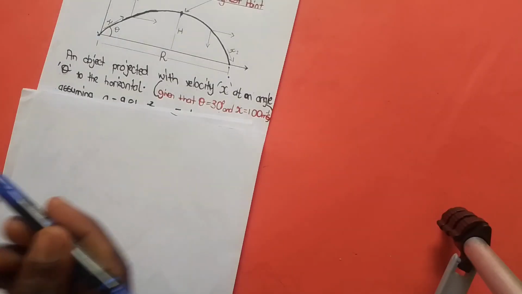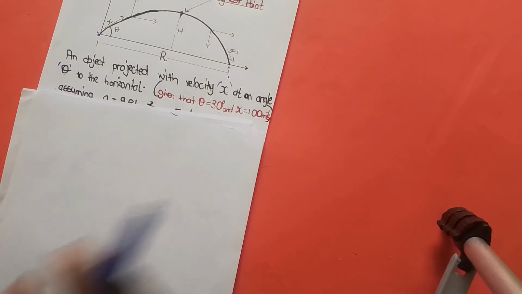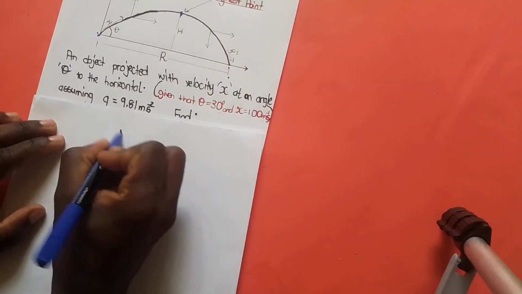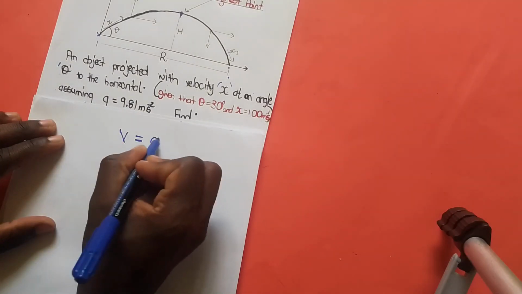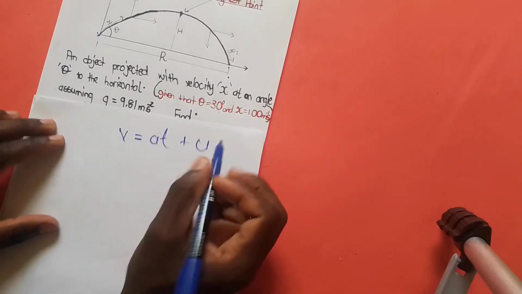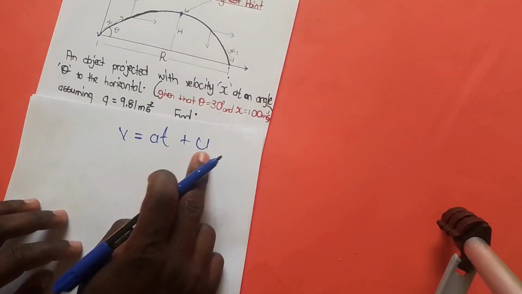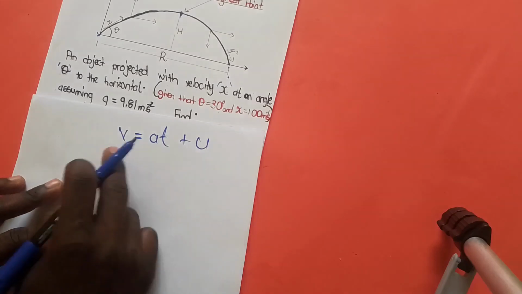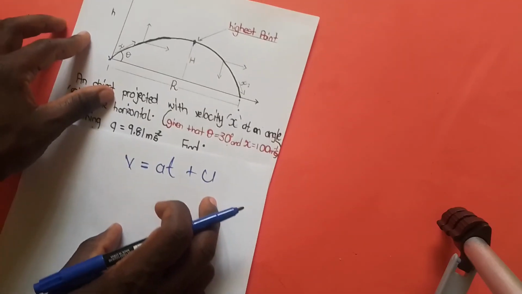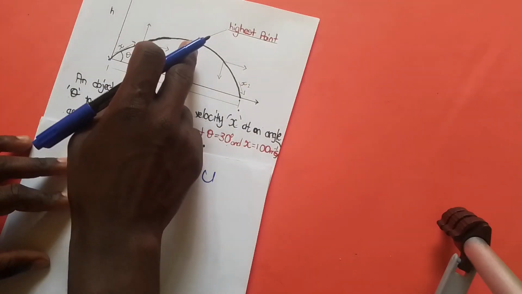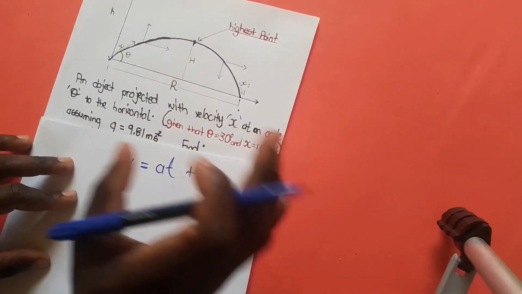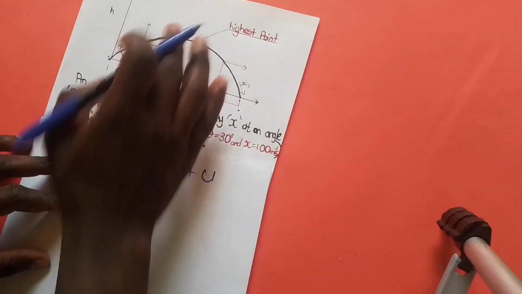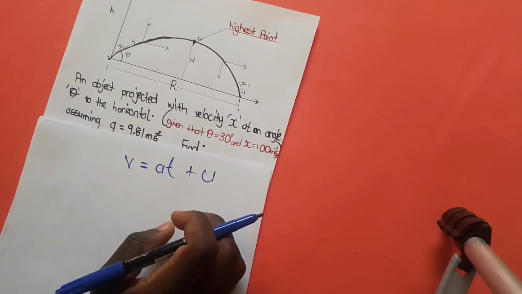Okay, so to find the time taken to reach the maximum height, we're going to use this equation of motion, which is v, final velocity, is equal to u plus acceleration times time. We all know this equation, right? u being the initial velocity, v being the final. So I've said this and I'll say it again. At the highest point, the final vertical velocity is equal to 0.